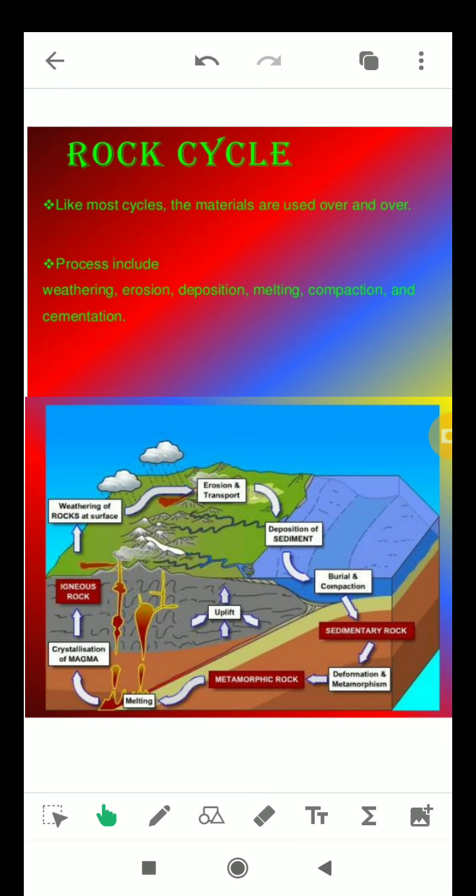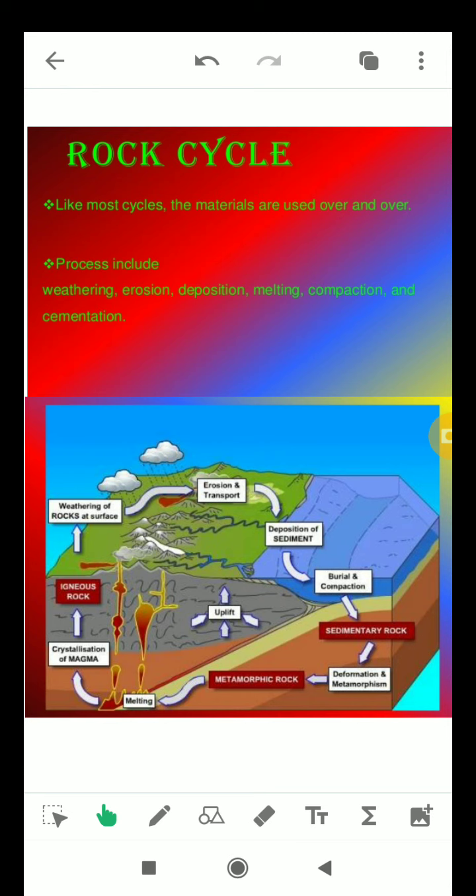They may be weathered or eroded, deposited and compacted to form sedimentary rocks. So there is a kind of interchange in the state of rocks from one type to another, and this interchange is called the rock cycle.